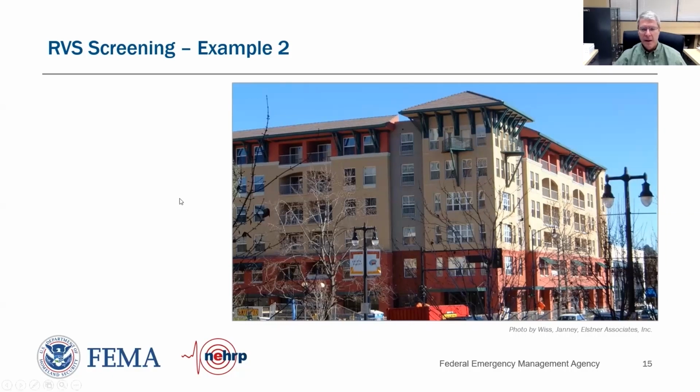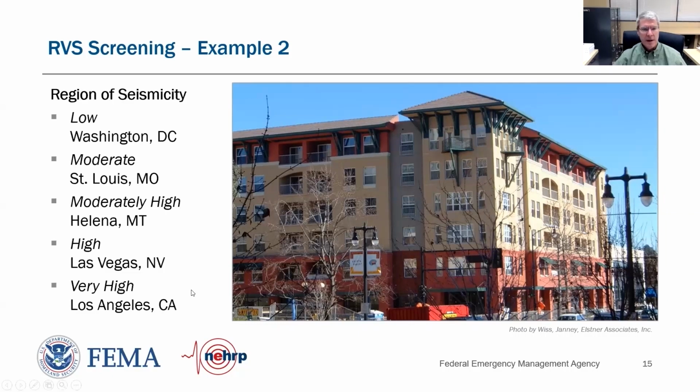Okay, well, this building happens to be, well, we'll see this in a minute. It's an S1, it's a steel moment frame. But what we're going to look at here is the relative performance between a steel frame building in each of the 5 seismicity regions.